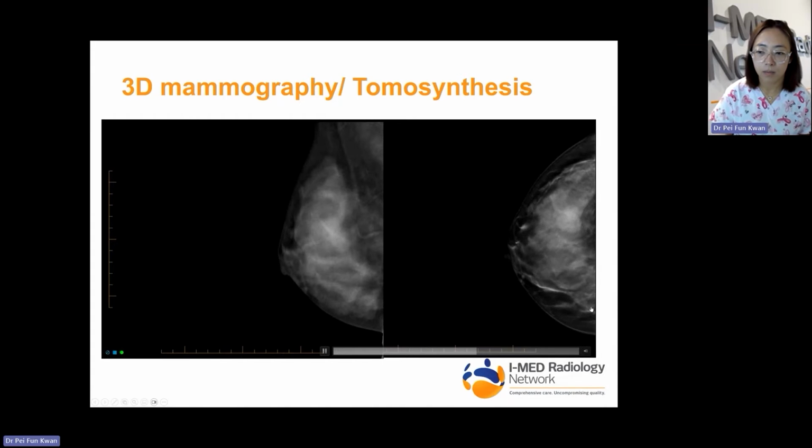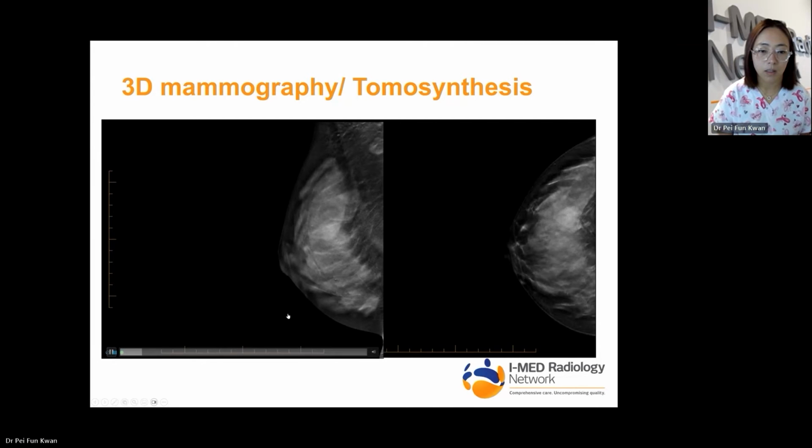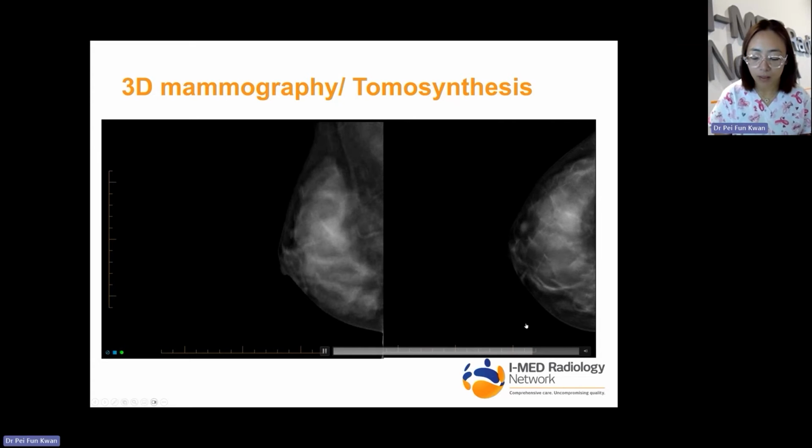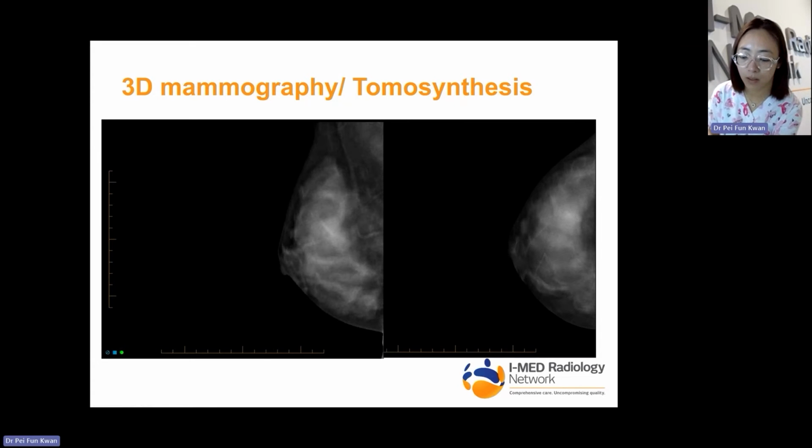You can see the video playing slices through from the superior breast to inferior breast, which is the craniocaudal direction. I'm sure some of you can see that there is a mass lesion that is better seen here compared to 2D mammogram.